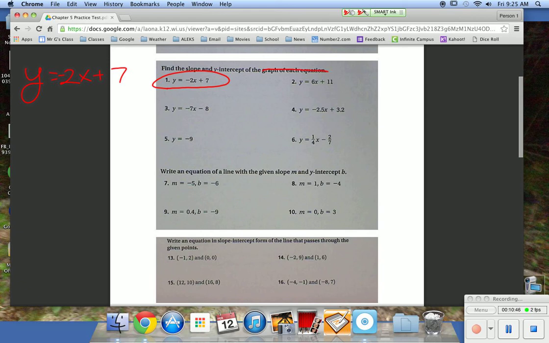So in there, where would your m be? Negative 2, not negative 2x. My m, or my slope, would be negative 2. What would be my y-intercept then? 7. Pretty simple, right? Good.